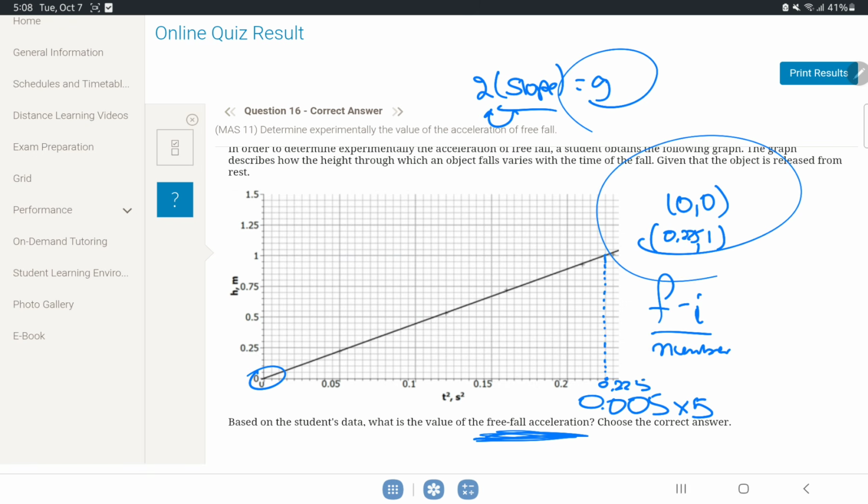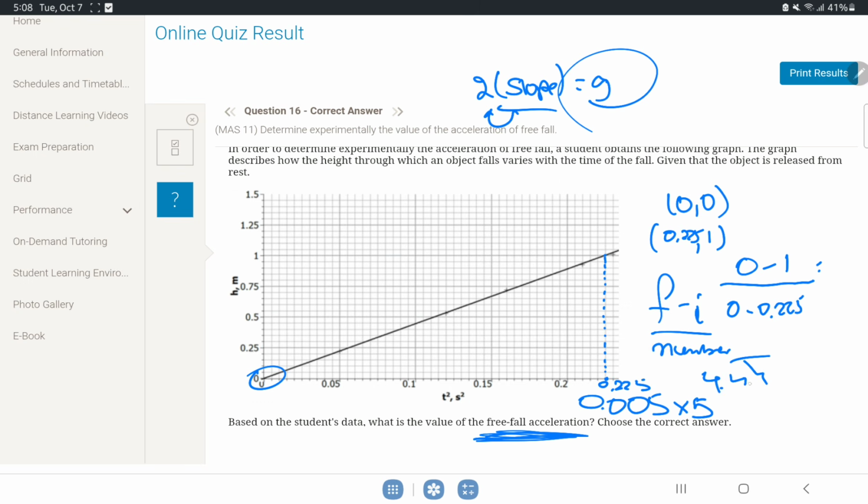Find the slope of this. 1 over 0.225, and you get that the slope is approximately 4.44 repeated.